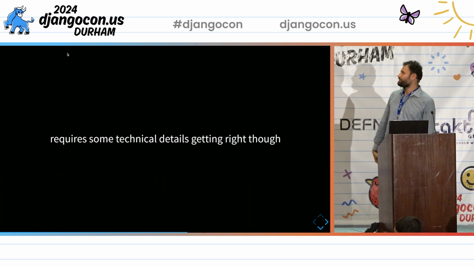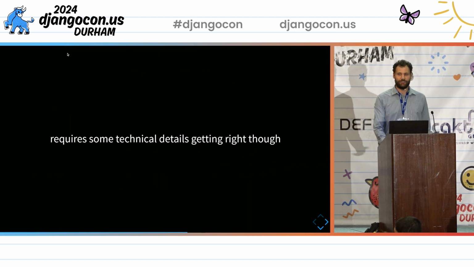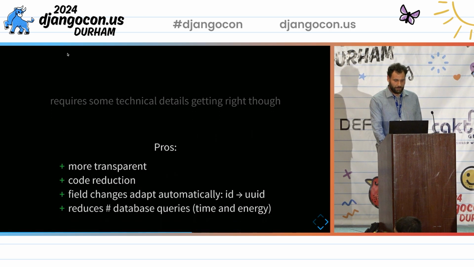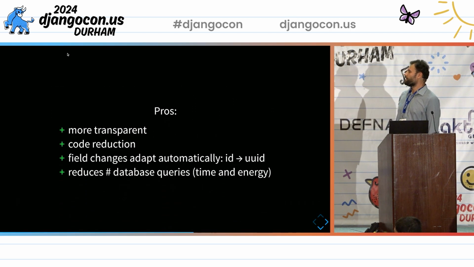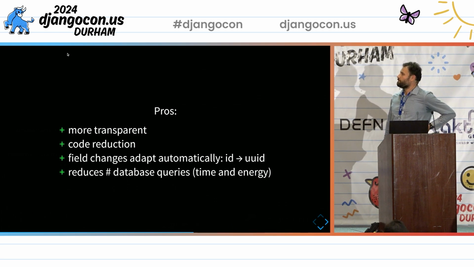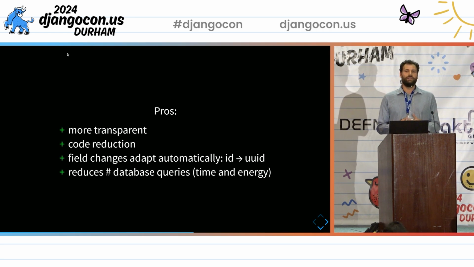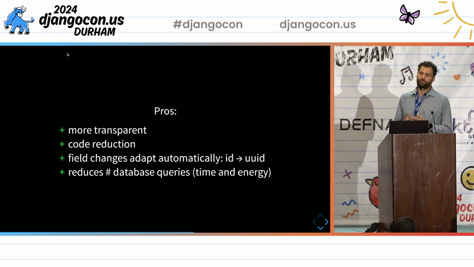It, however, requires some technical details, and I'm not going into details about this because, well, it's quite complicated to explain in a 45-minute presentation, I guess. But, well, to summarize this approach, I think it's more transparent to actually work with model-based path converters. It can reduce the amount of code, I think, well, not significantly in the sense that it will halve the amount of code of a view, but still most views start with some database fetches.